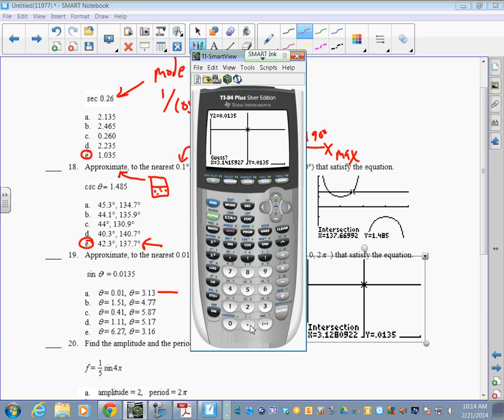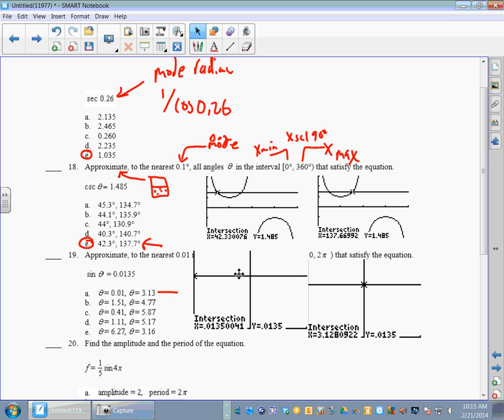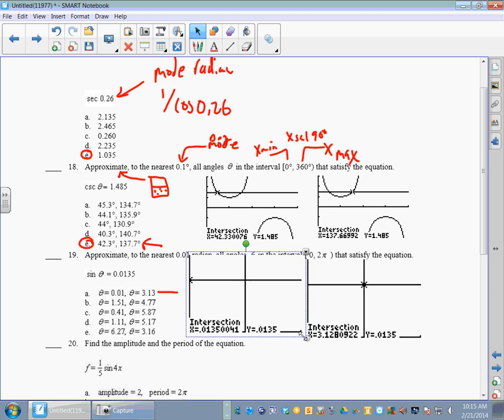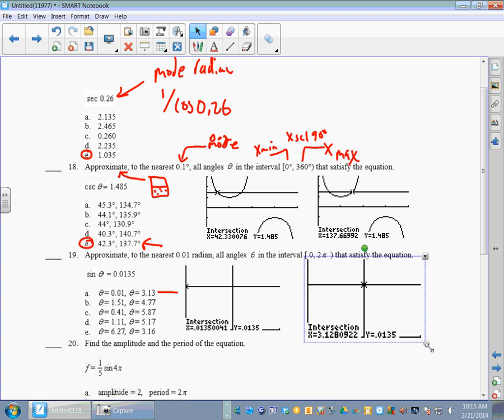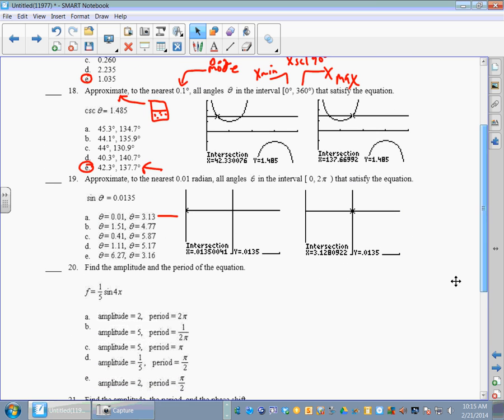My guess is going to be 0.01. 0.013. Oh, so I rounded. Yeah. And now you can also do a unit circle. Okay. Questions on that?